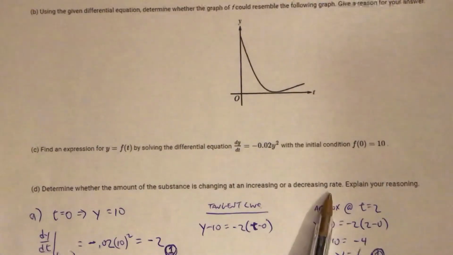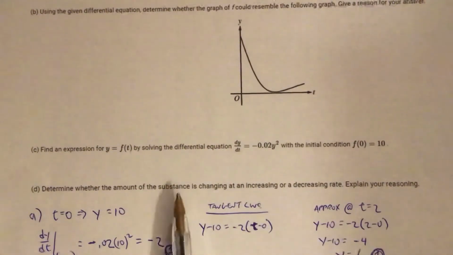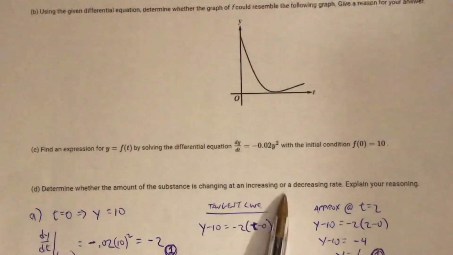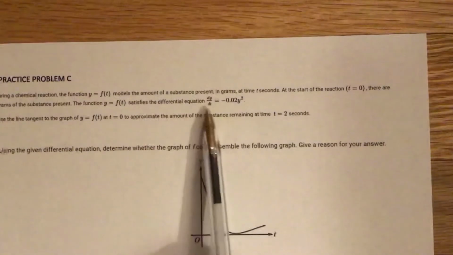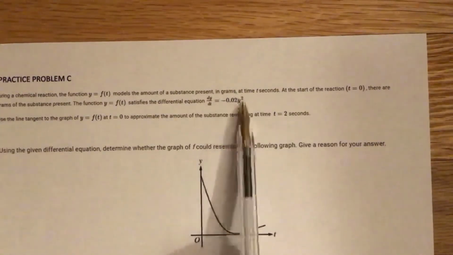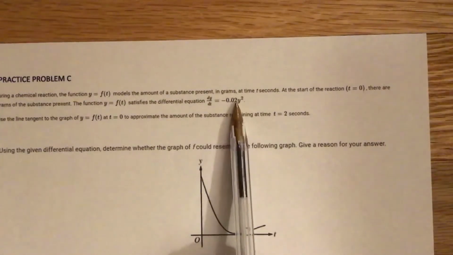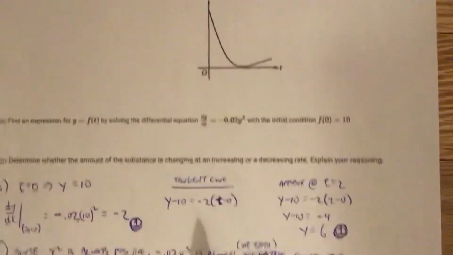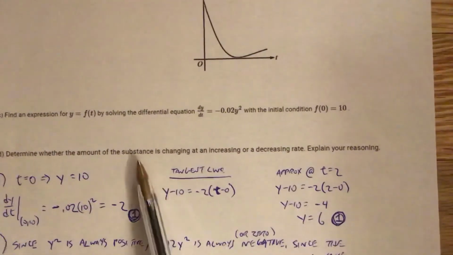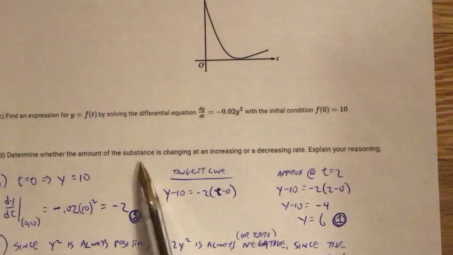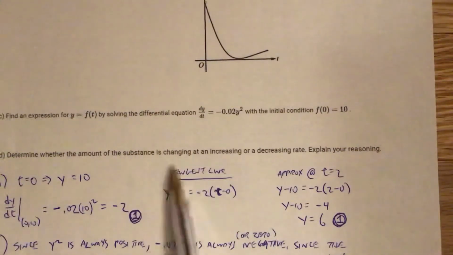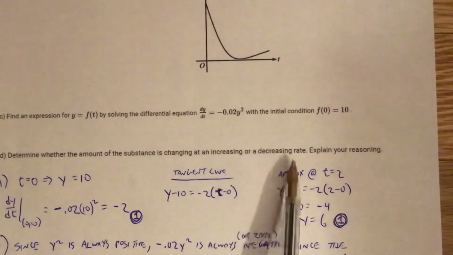The problem I get is people see, oh, they want to know if the substance is increasing or decreasing, and they think, oh, let me go to the derivative because that gives me the change of the substance, and this comes out negative, so it should be decreasing. But you have to be really careful with the wording. It's not asking me, is the substance increasing or decreasing? It's asking me, is the change of the substance increasing or decreasing?